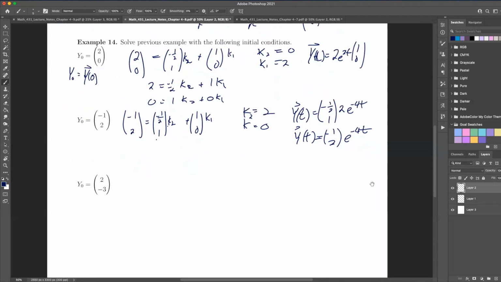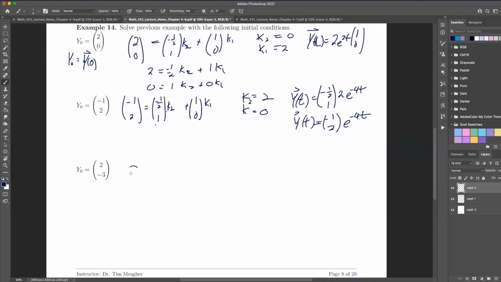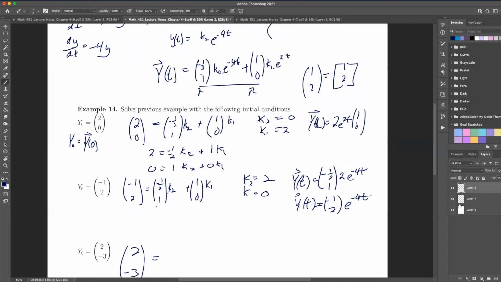All right, so let's do something that's a little less trivial. Can I ask a quick question? Yes. How you wrote the y vector for the final answer at the top and at the bottom, is there any reason for putting the vector or the matrix before or after the equation? No. Technically, this is a scalar according to the mathematical world, and this is a vector or a matrix, right?